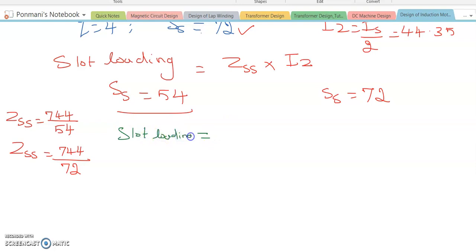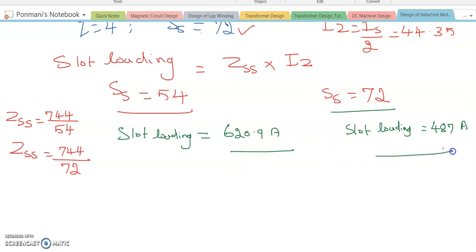So this ZSS is multiplied with this current, this 44.3 amperes. So for 54 we are getting slot loading as 620.9 amperes, and for SS equal to 72 we will be getting the slot loading as 487 amperes, but both the values have not exceeded. Okay, so both have not exceeded.